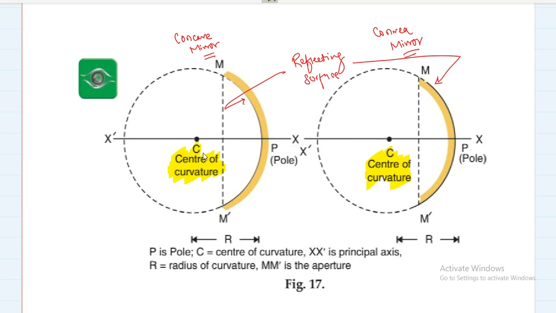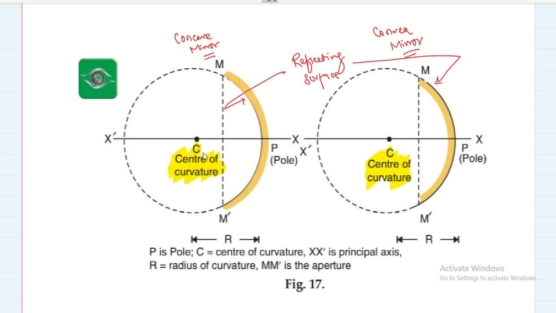In fact, definitions can be framed if you have proper command on terminologies and keywords which are used in physics or science. So here the definition becomes: the center of curvature of a spherical mirror is the center of a sphere of which the surface of the mirror is a part.